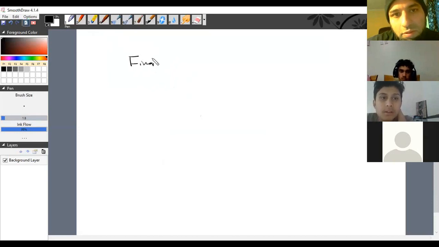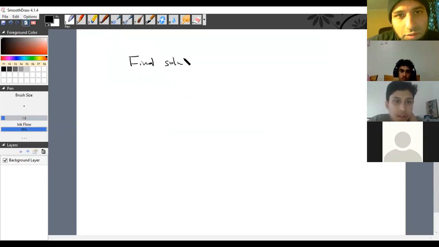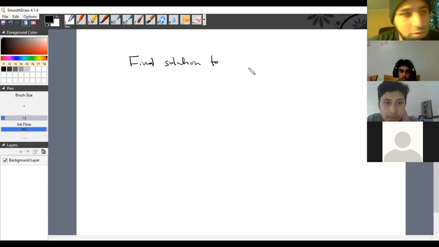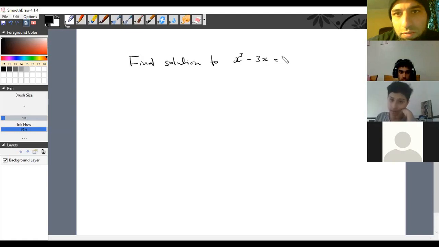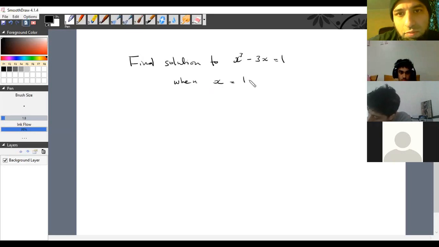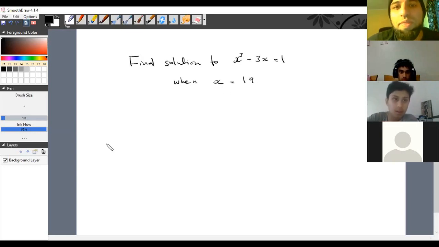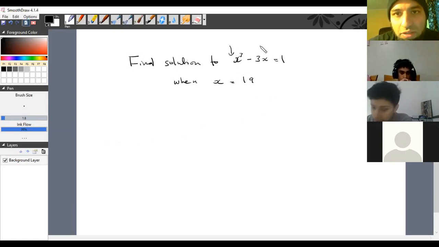Find a solution to x cubed minus 3x equals 1 when x equals 1.9. When they're saying find a solution, what they mean is they want you to find a number that you can put into x. What number can I put into x to make this equation true?